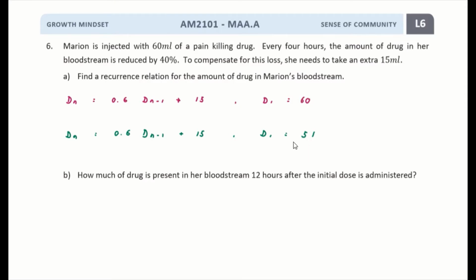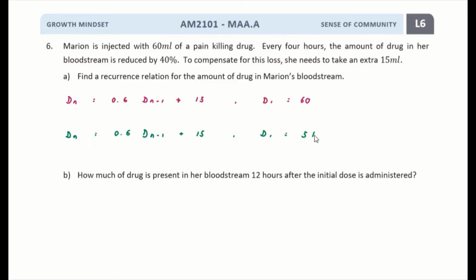The reason is that the n you are setting here means a different thing. In the first approach, for the first dose, you are getting 60. Then for the second dose after the first 4 hours, you get 51, and so on. But my D1 here means that after the first 4 hours, I got 51.